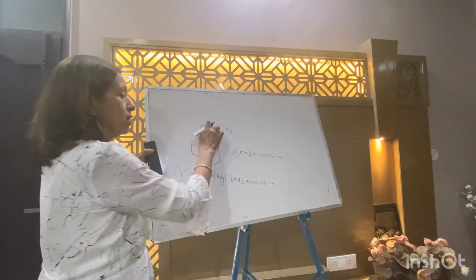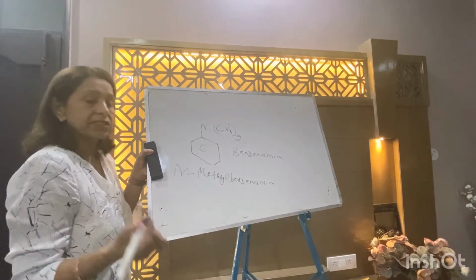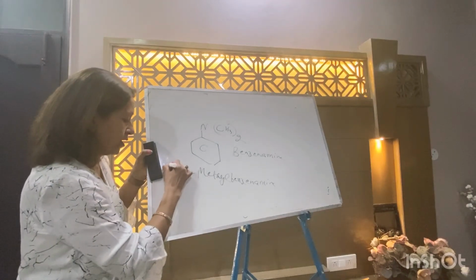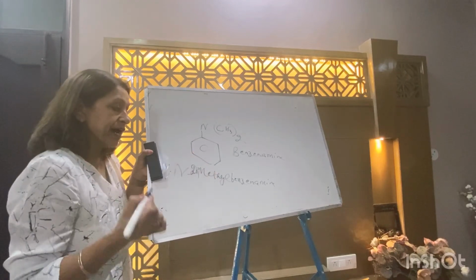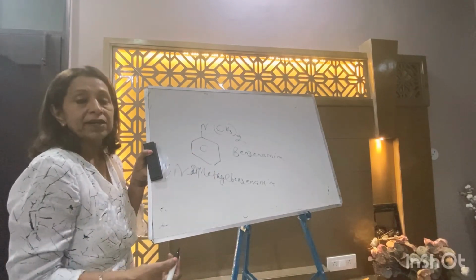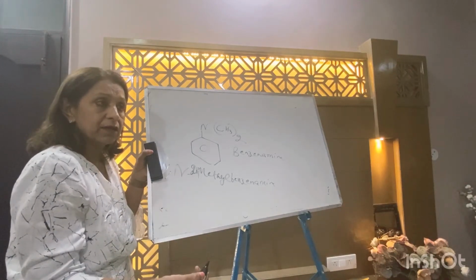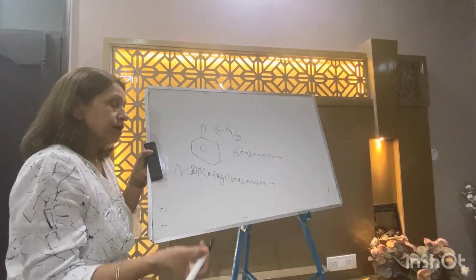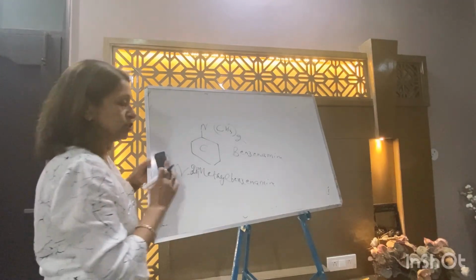Now if it is NCH3 twice, it is N,N-dimethyl benzene amine. So: benzene amine, N-methyl benzene amine, N,N-dimethyl benzene amine.